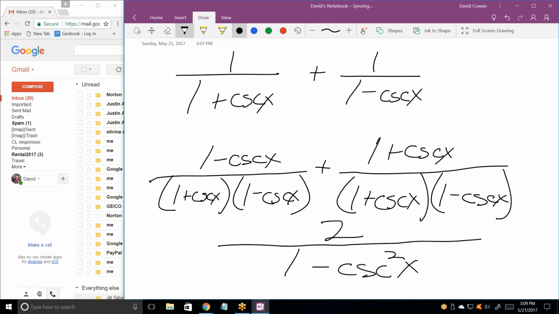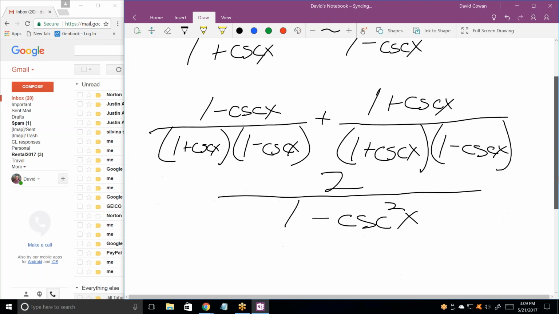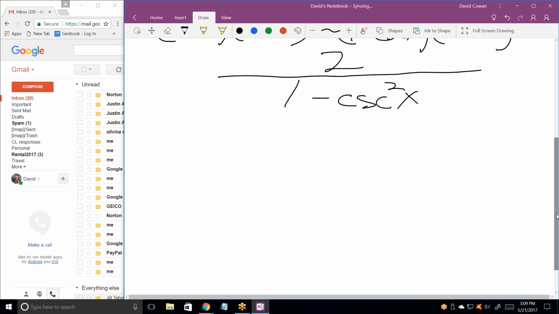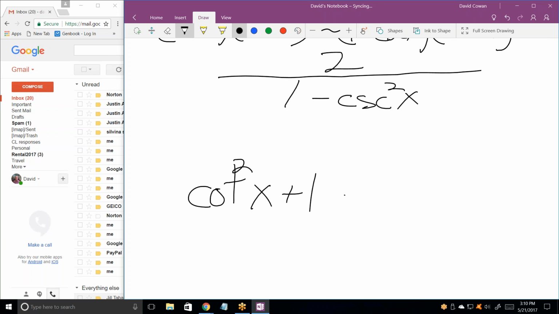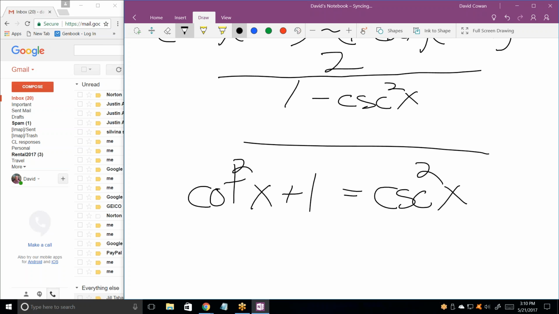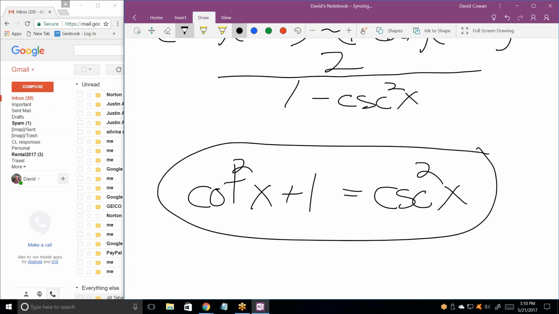Yep. Okay, now let's look for a trig identity for 1 minus cosecant squared. That can be cotangent squared. Well, let's see. I don't know what it is, but cosecant squared minus cotangent squared equals 1. I may be wrong there. Now, hold on. This is the identity, correct? Yes.